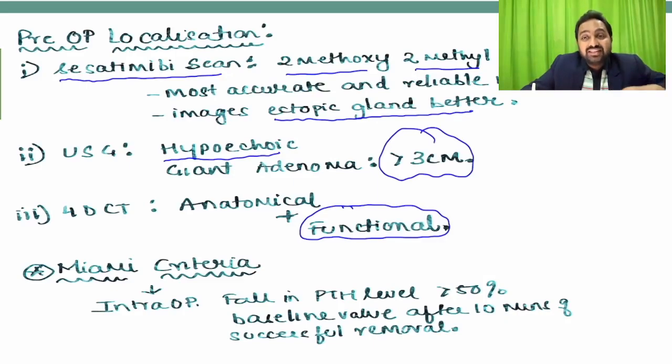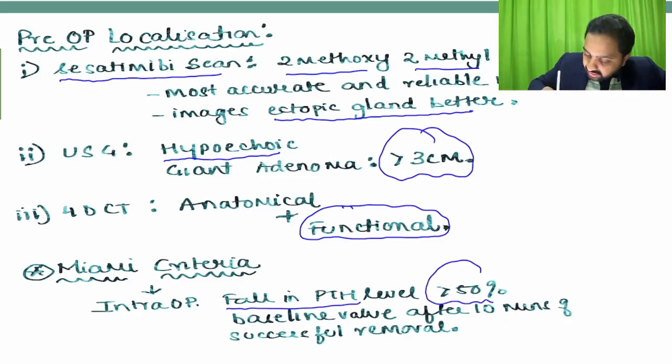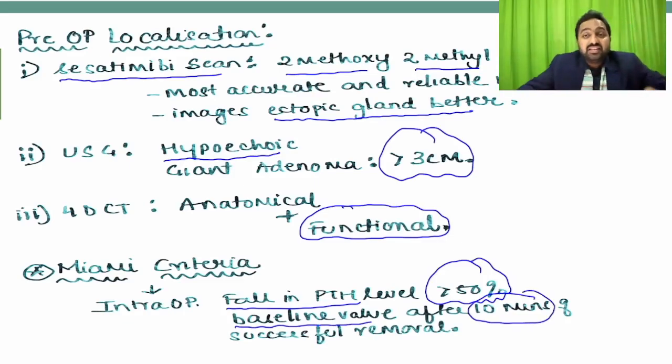Once the surgeon takes out the diseased parathyroid gland, what is expected is that there is a fall in the PTH level of more than 50% from the baseline value after 10 minutes of successful removal. So if you have removed it successfully, then after 10 minutes there would be a drop in the parathyroid values of more than 50%.